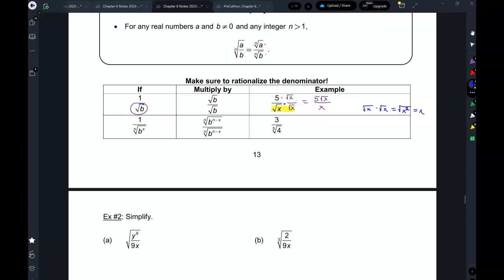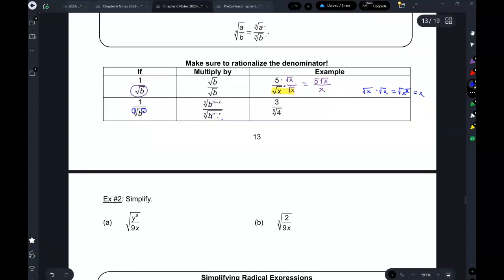If I have a different root, an nth root, you have to multiply top and bottom by the nth root of b to the n minus x. Miss Malikan, what the heck are you talking about, right? This just got very confusing. Well, no. I need to get rid of that radical on the bottom.